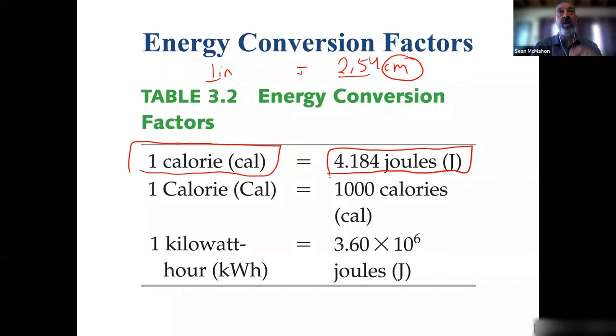Basically, to raise 1 gram of water 1 degree Celsius, from 25 degrees to 26, it would require 1 calorie, which is equivalent to 4.184 joules. It's just a different unit. Same amount of energy, but a different number because a different unit.